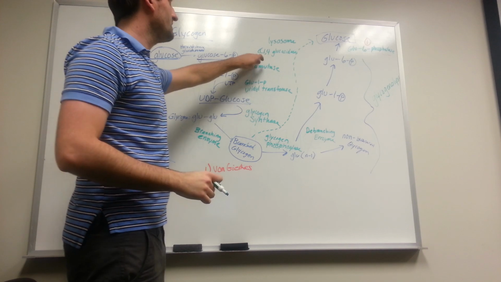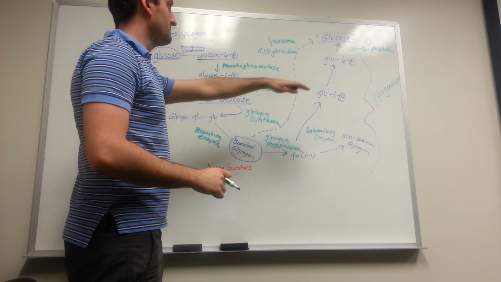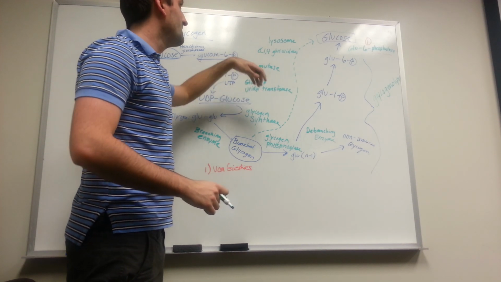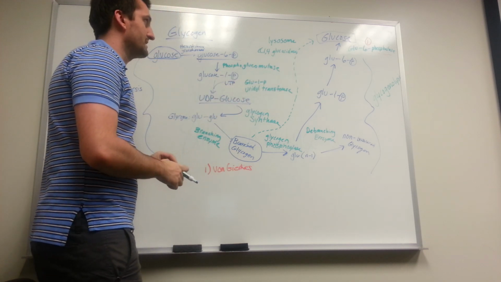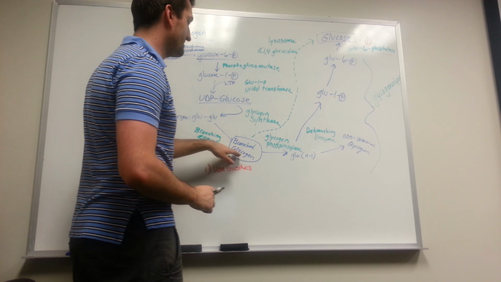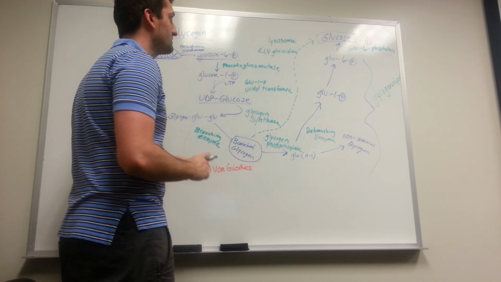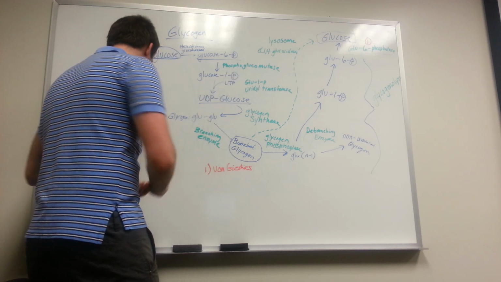Well, what does that mean? We're cleaving the linear chain 1,4 bonds using glucosidase, which is a cleaving enzyme. And we're going to slowly degrade this glycogen into free glucose, kind of the shortcut.